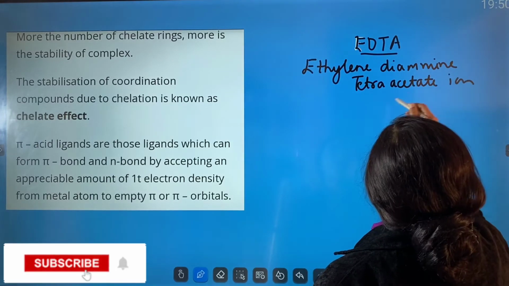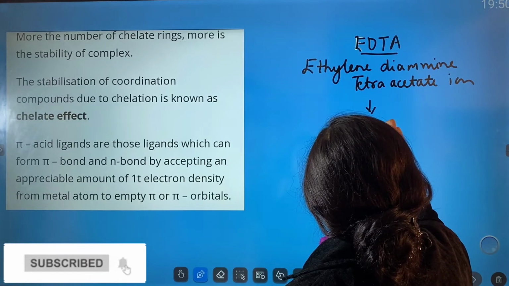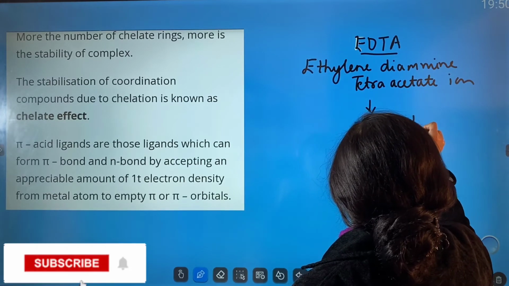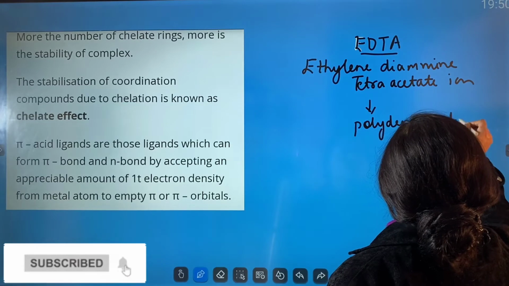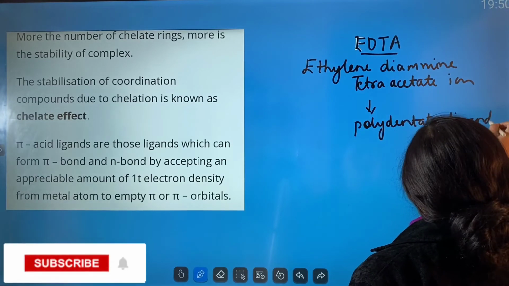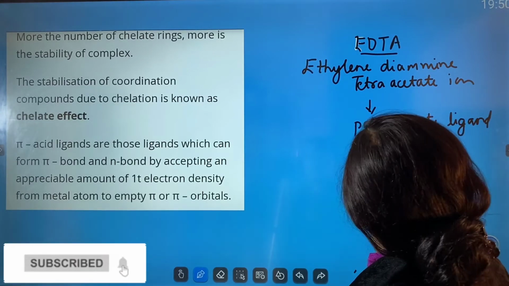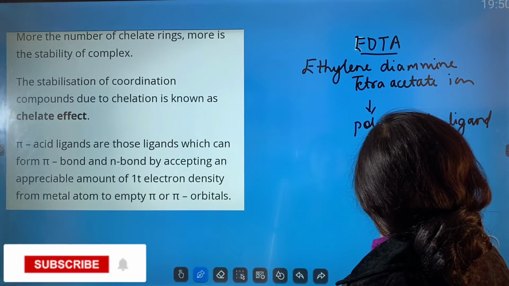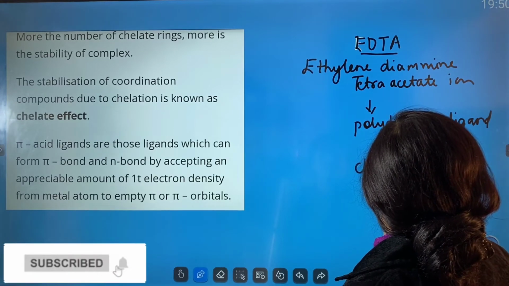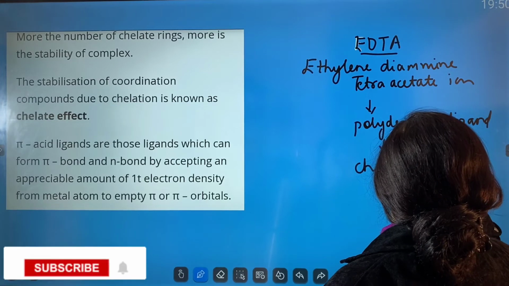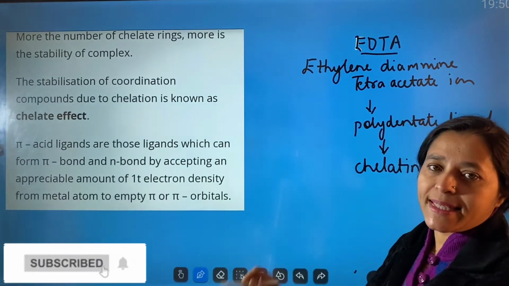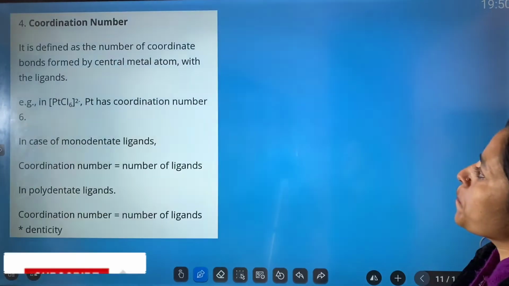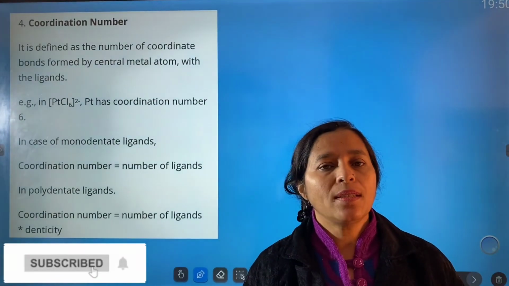So it is a polydentate ligand, as we have discussed earlier, as well as a chelating ligand. That is the ligand that has more than one donor site. I hope it's clear.